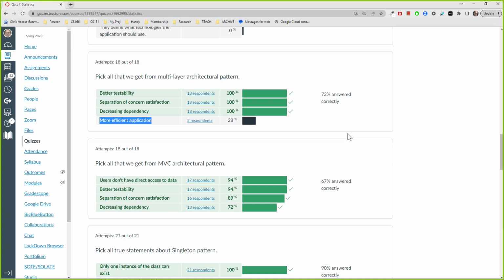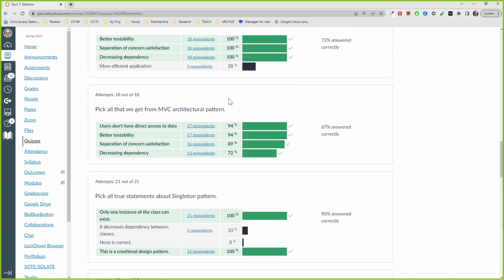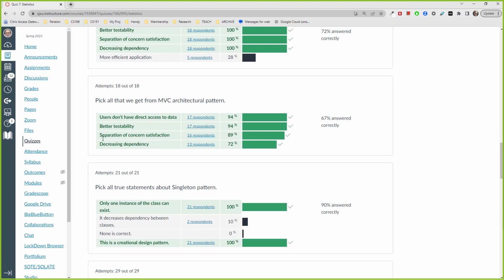In that case, we talk about efficiency. A design pattern does not have anything directly to do with efficiency. I didn't mention anything about efficiency in my lecture notes. I'm talking to these 5 students.